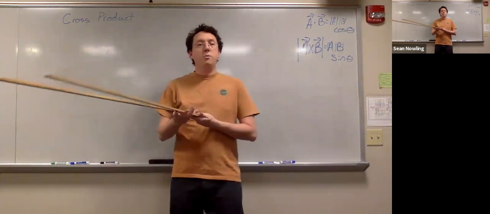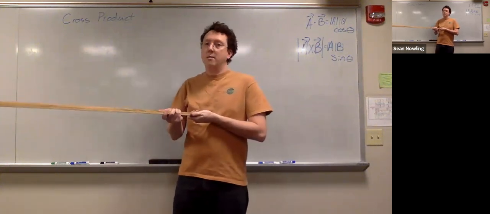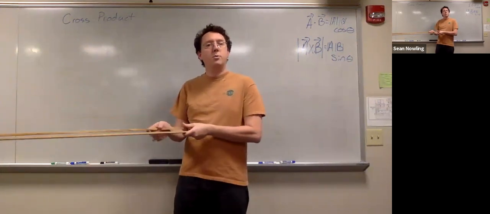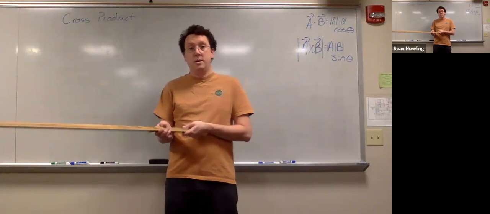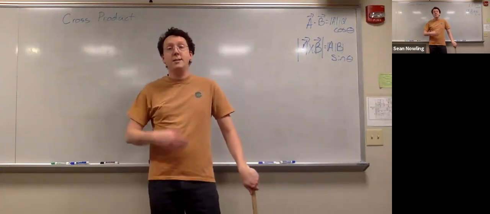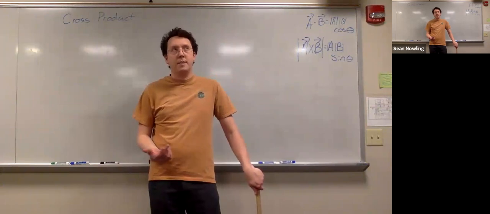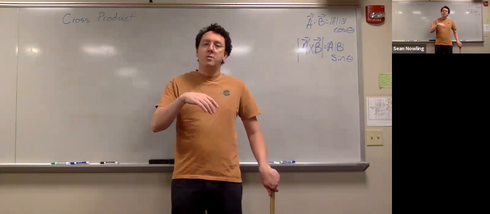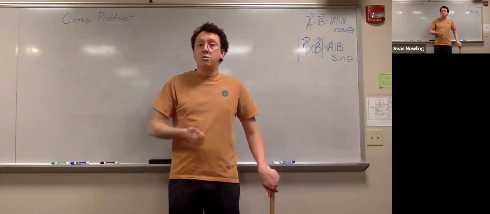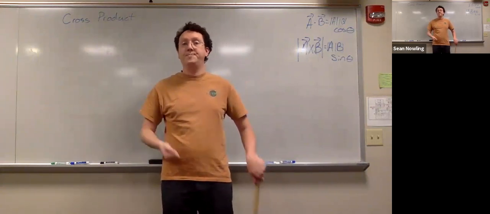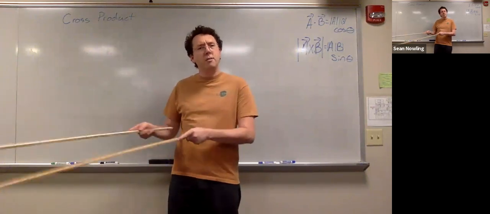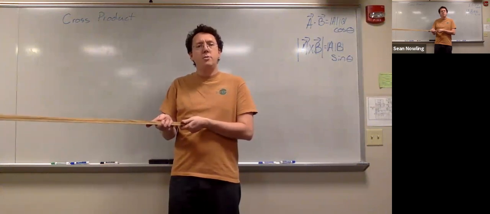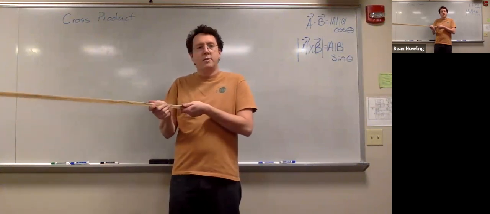And when 2 vectors are collinear, when they're parallel, when the angle between them is 0, the only possible vector you could get is 0. Think about that. If the only way to define a cross product between 2 vectors is to choose something in the perpendicular direction, and then you try to multiply 2 parallel vectors, how can you uniquely choose something perpendicular to these vectors if they're parallel?